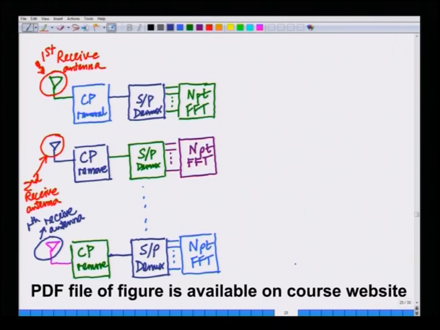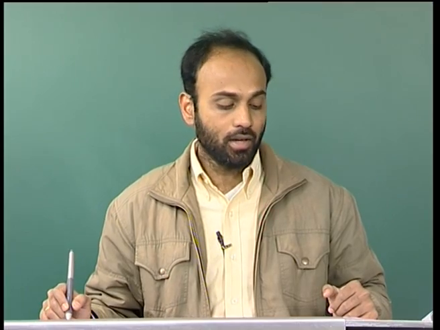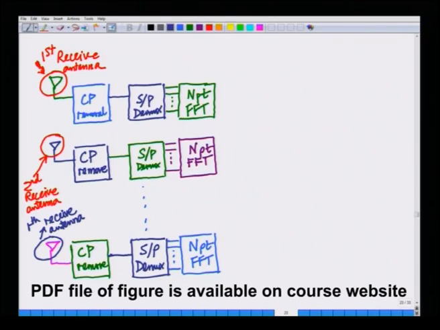Now, remember, as we said, we have to perform MIMO detection, which means across each subcarrier we have to perform MIMO detection, and that has to be done for all the N subcarriers. Hence, for the first subcarrier, I take the output from the first receive antenna. Similarly, I take the output across the first subcarrier from the second receive antenna.